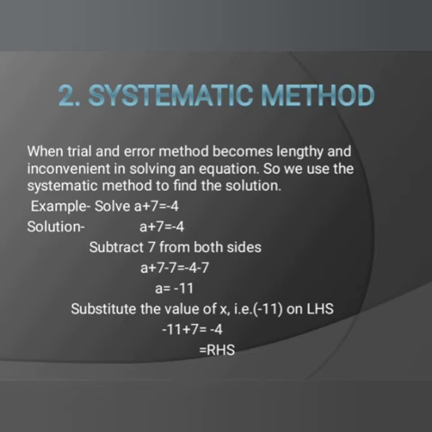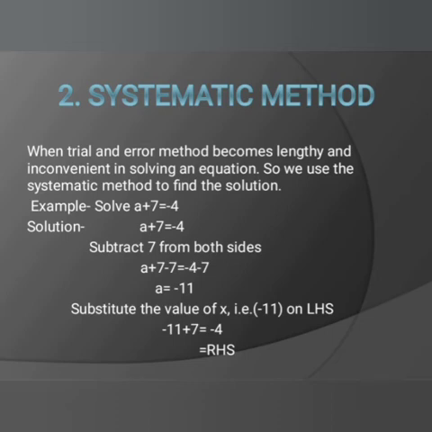Here a plus 7, first of all what we will do, we will subtract 7 from both sides. That is a plus 7 minus 7 and minus 4 minus 7. Plus 7 and minus 7 will get cancelled out and only a will be left on the left hand side. And minus 4 and minus 7, minus minus will become plus and 4 plus 7 will become minus 11, as the greater value has the negative sign.